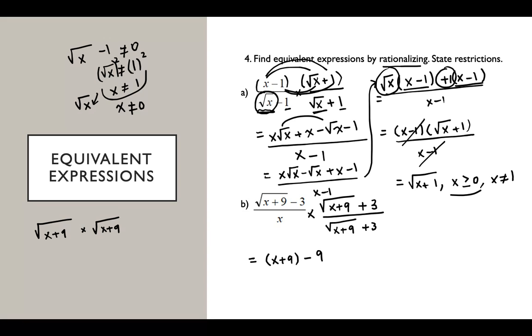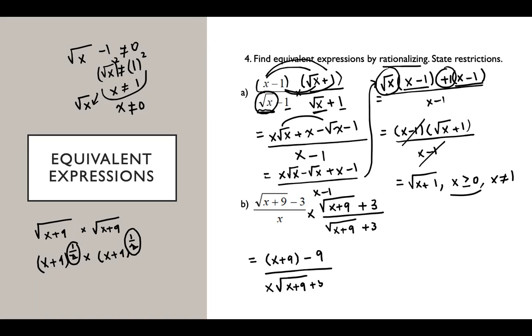So it's like x plus 9 to the 1 over 2, times x plus 9 to the 1 over 2. So when you multiply, you add the exponents, 1 over 2 plus 1 over 2, it becomes 1. So this is the beauty of the conjugate radical.